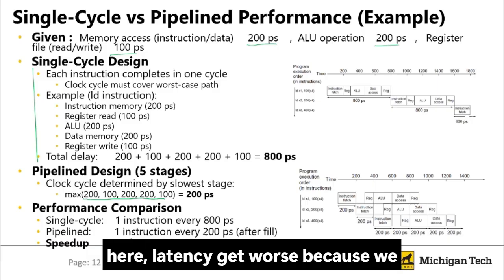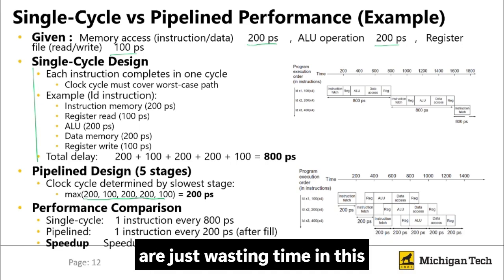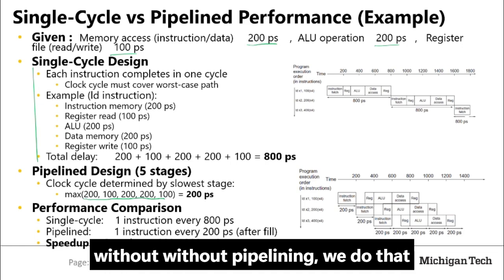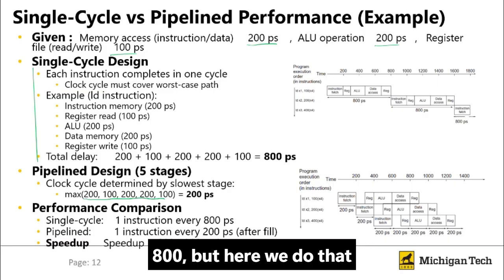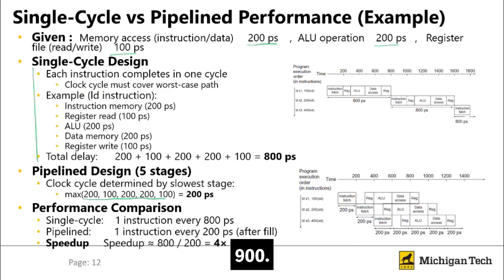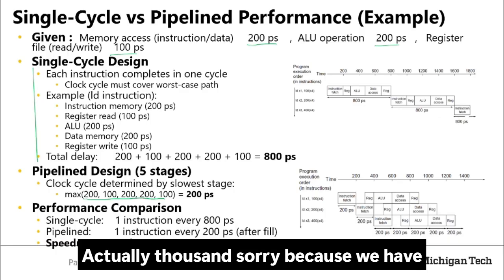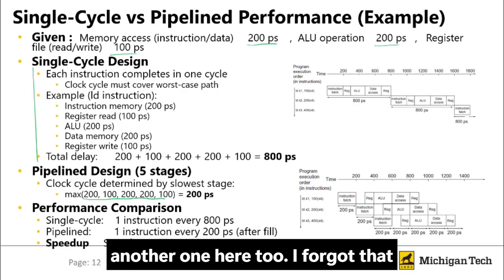As you can see here, latency gets worse because we are just wasting time. Without pipelining, we do that in 800, but here we do that in 900. Actually, 1,000, sorry, because we have another one here too. I forgot that one too.